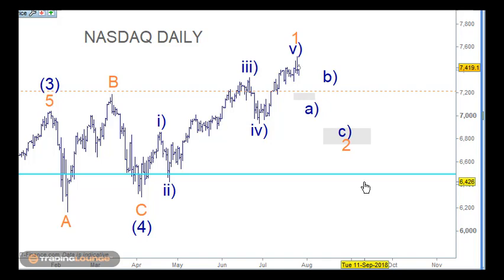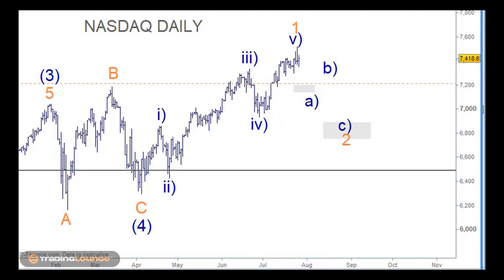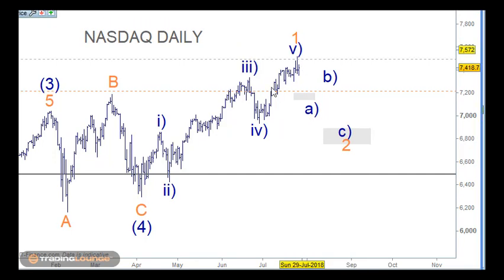So the next important level up here would be the 500 here, so 7,500, that's close enough for this exercise. So in this little move up through here, we're counting this the same as the S&P 500, but you can see here that whichever way we look at it, we've got wave 1 and 2 in here, and wave 3 and 4 and 5 in here.